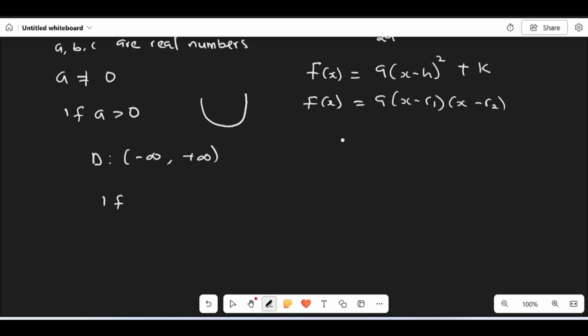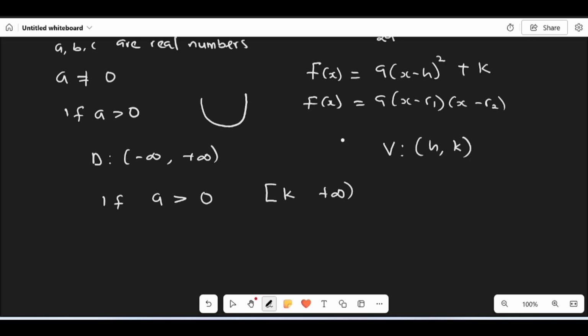If a is greater than 0, our range will be square bracket k, positive infinity, where k represents the y coordinate of the vertex point, and the vertex point is normally written as (h, k).